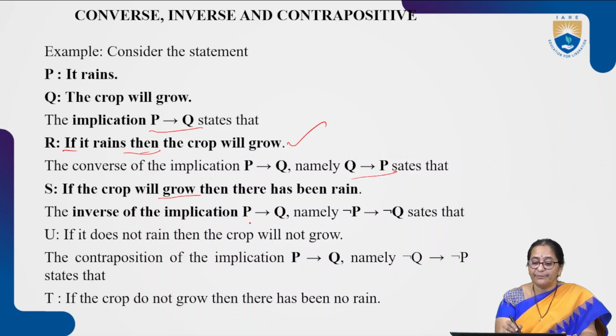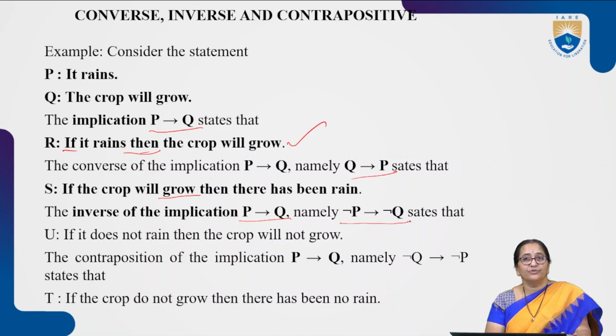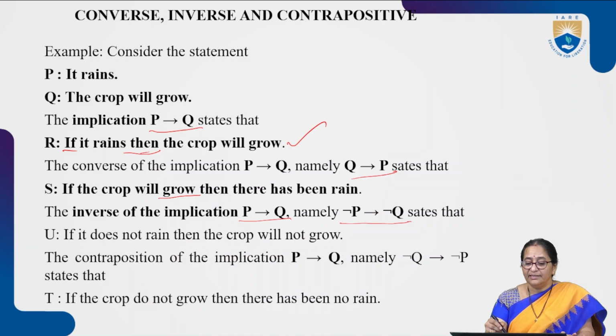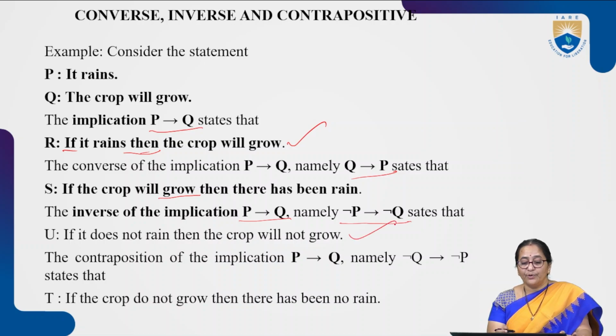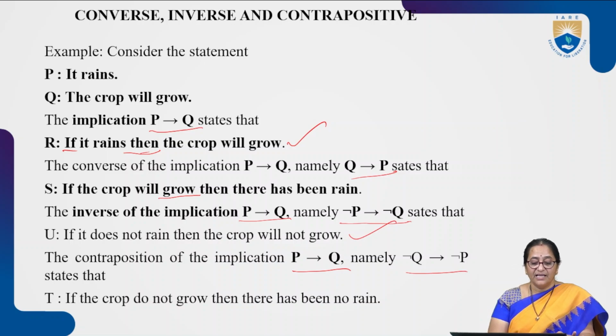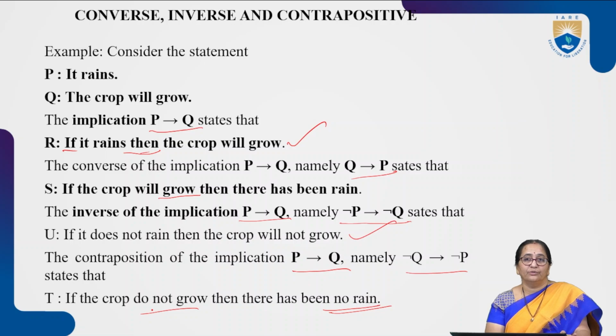The inverse of the implication P to Q is negation of P to negation of Q, which states that if it does not rain, then automatically the crop also will not grow. The contrapositive of the implication P to Q is negation Q to negation P. That states that if the crop does not grow, then there has been no rain.